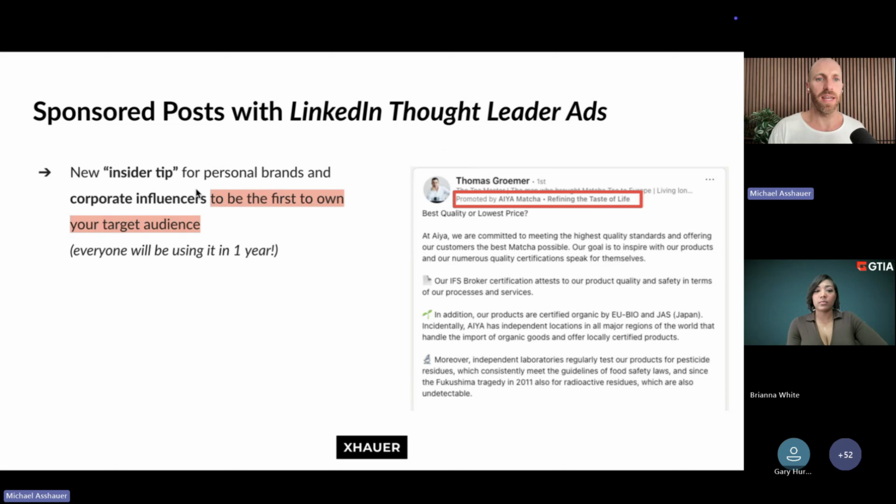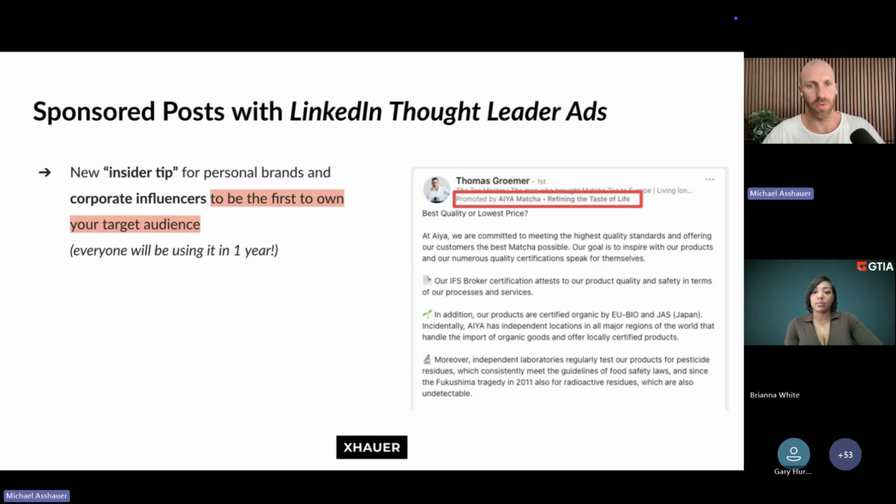Yeah, it's kind of an insider tip for personal brands, corporate influencers, also of course the owners of companies. So if you're a small mid-sized company, this is a very, very nice way for you to also be visible with your person and your face first in your target group, and then later on build the bridge to your company account.